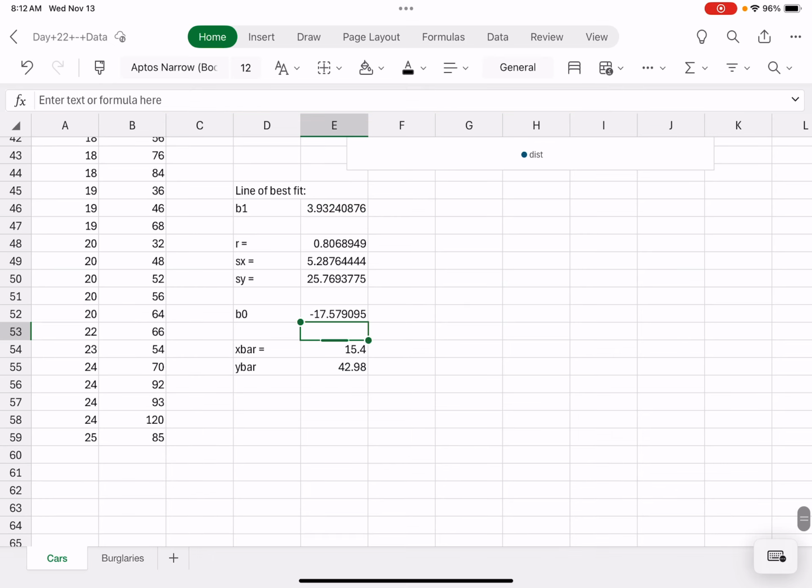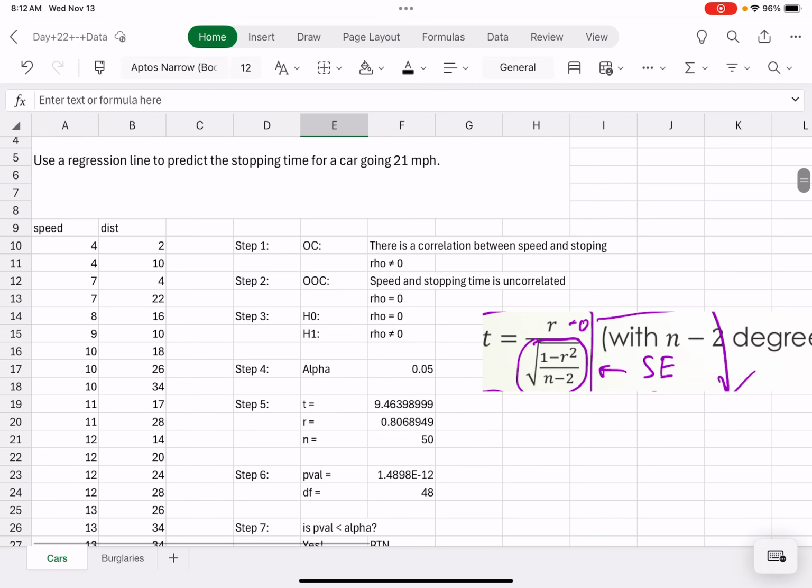And there's my intercept. Okay, let's go ahead now and come up with my model and my predictions.